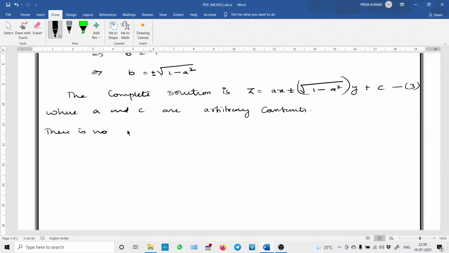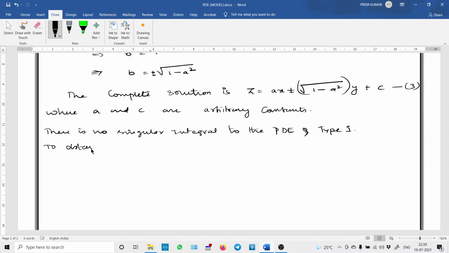There is no singular integral, as discussed earlier, to the PDE of standard type 1.